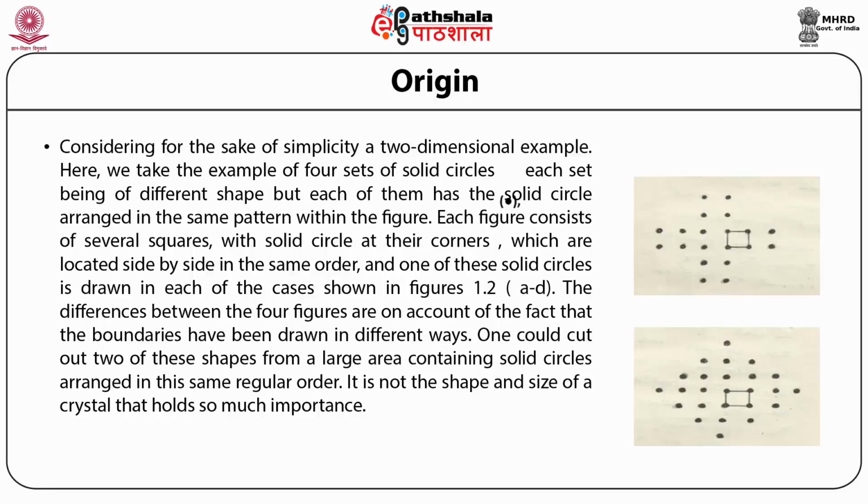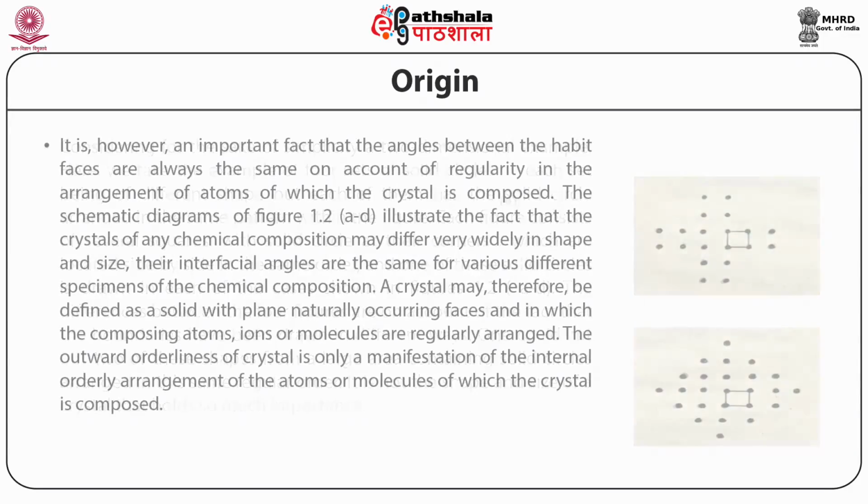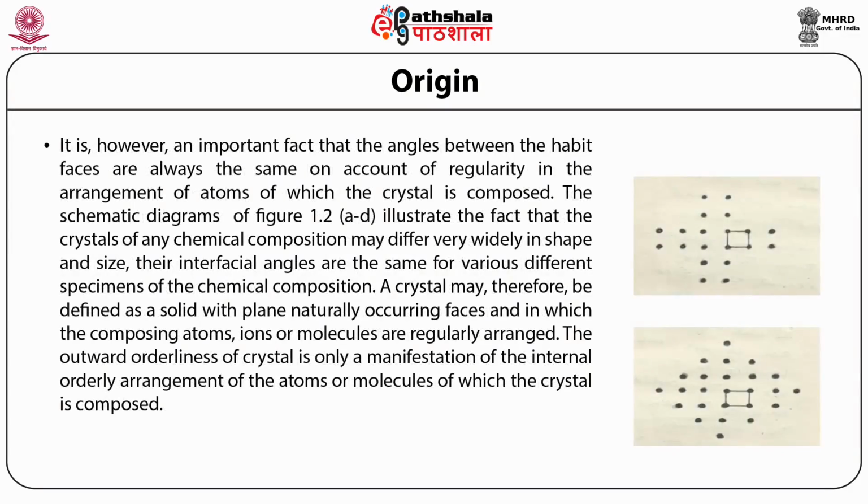It is not the shape and size of a crystal that holds so much importance. It is, however, an important fact that the angles between the habit faces are always the same on account of a regularity in the arrangement of atoms of which the crystal is composed.